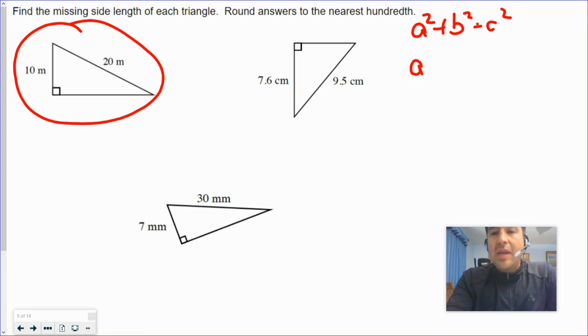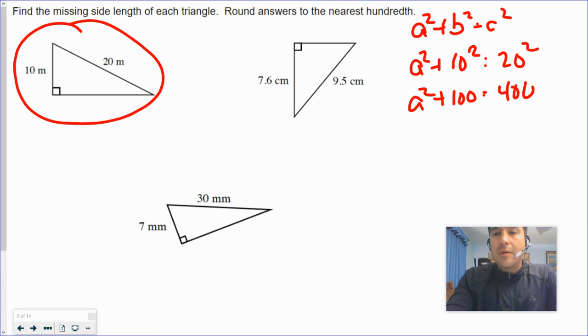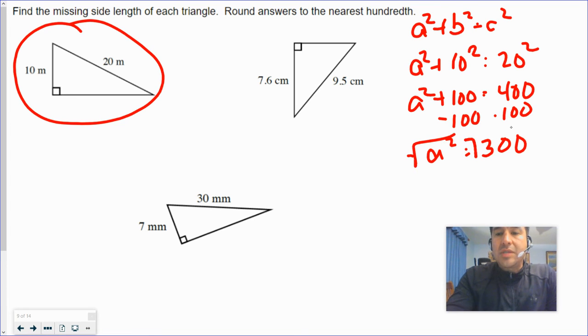You know what? I'm going to leave A squared alone. I'm going to say 10 is the B squared. So 10 squared equals C squared, which is 20 squared. And this should be what you have. Subtract 100. So A squared equals 300. Square root both sides.